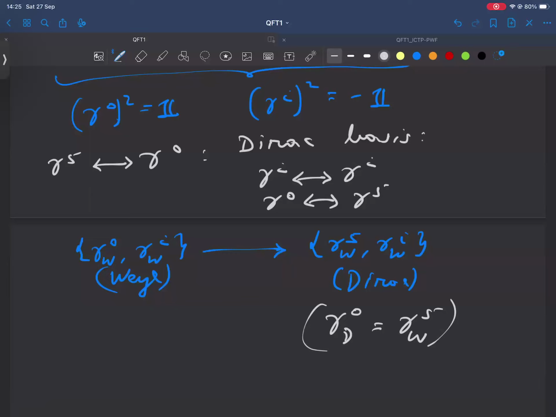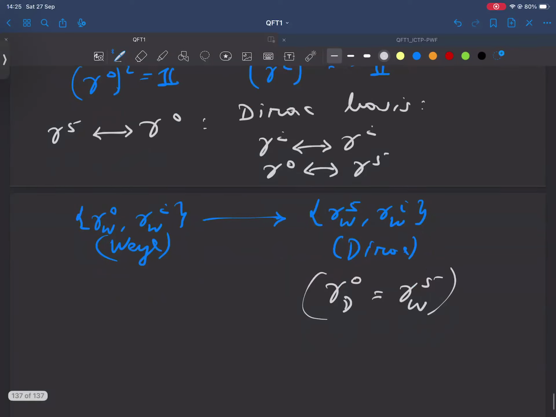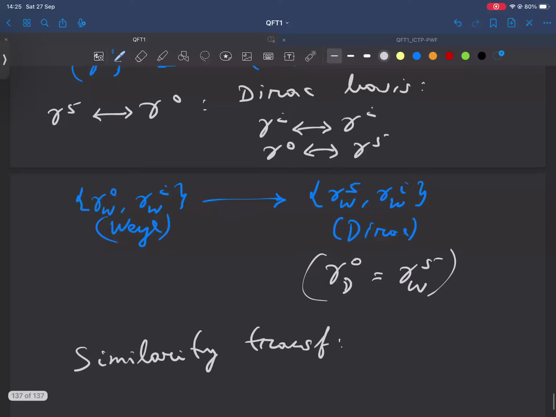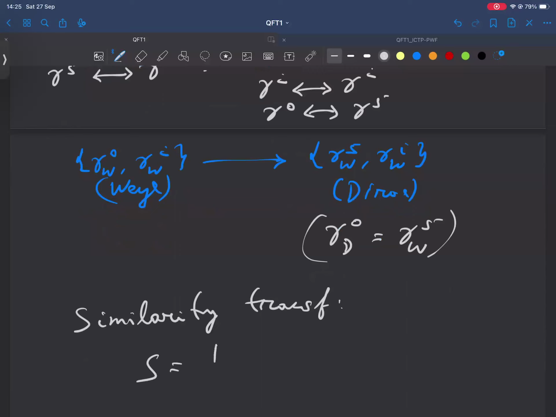And you can actually show that whenever in matrices we talk about transformation of basis, we say that they should be related by a similarity transformation. So a similarity transformation here is invoked by the following matrix, and you can check this explicitly.